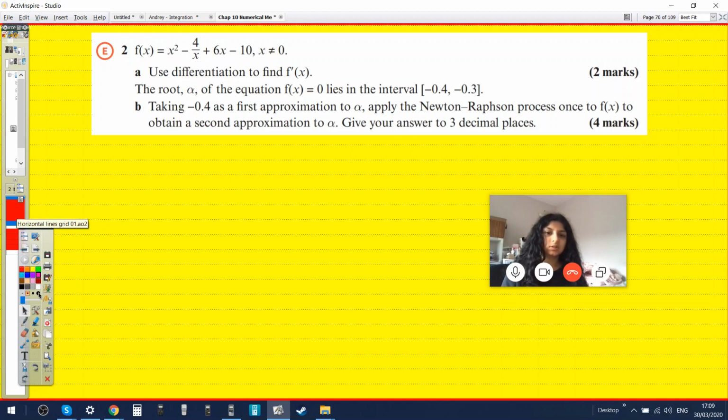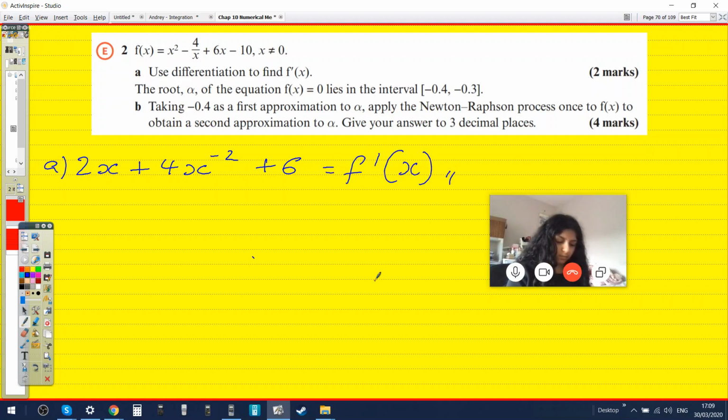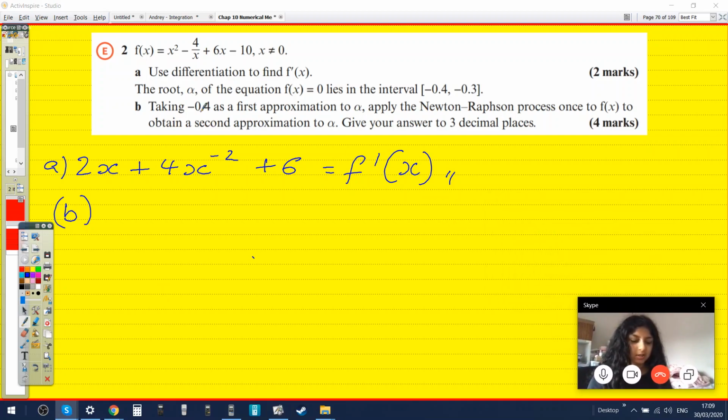Okay. I don't really get the second part. What does it want you to do? Does it just want you to put in minus 0.4 into the Newton-Raphson formula? Yeah. Oh, okay. It's just that the wording is really confusing.